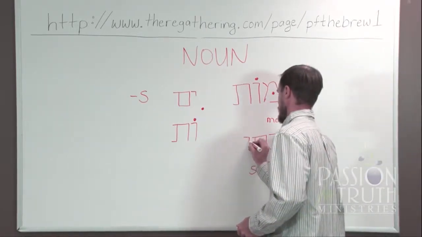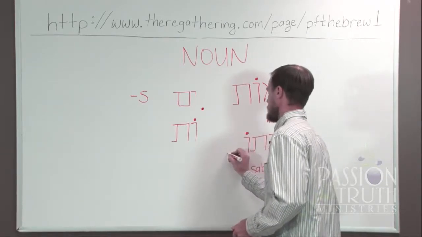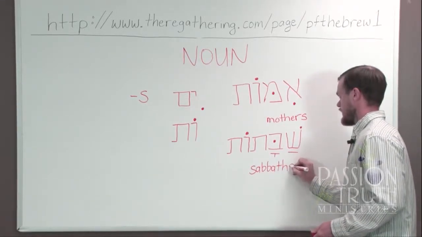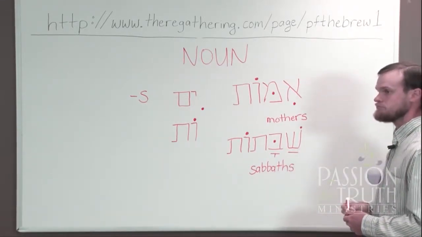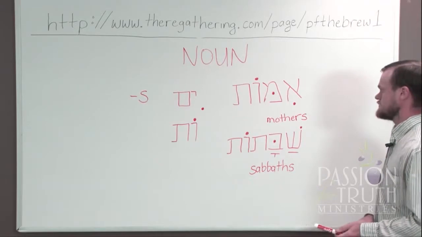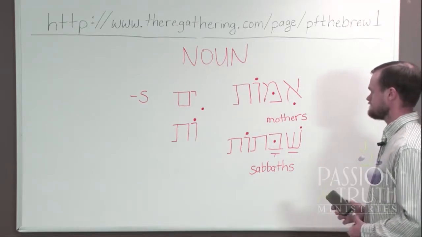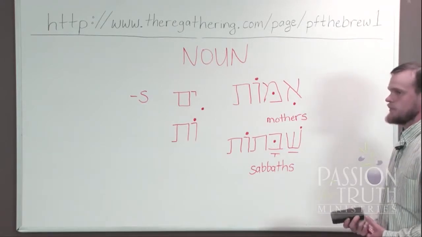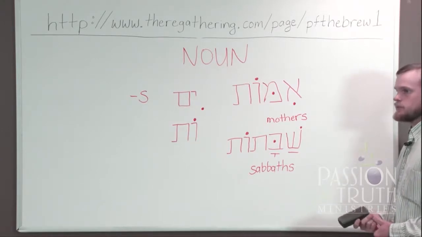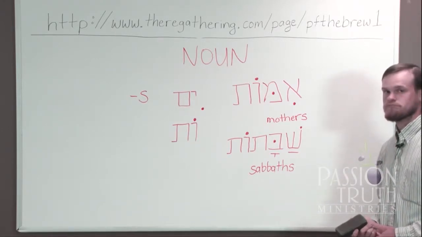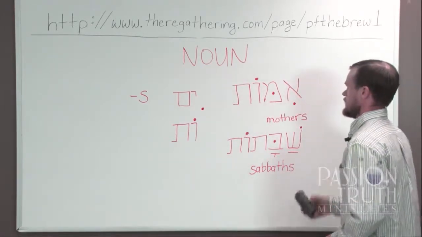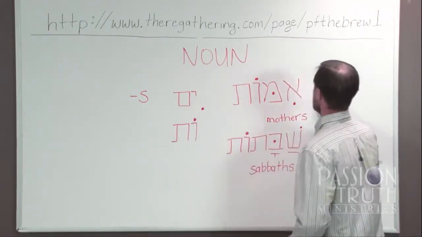So again, cholam, followed by a tav. Now we have Shabbatot, Sabbaths. Okay. Any questions about the feminine plural suffix? No? Okay. So masculine suffix im, feminine suffix ot.